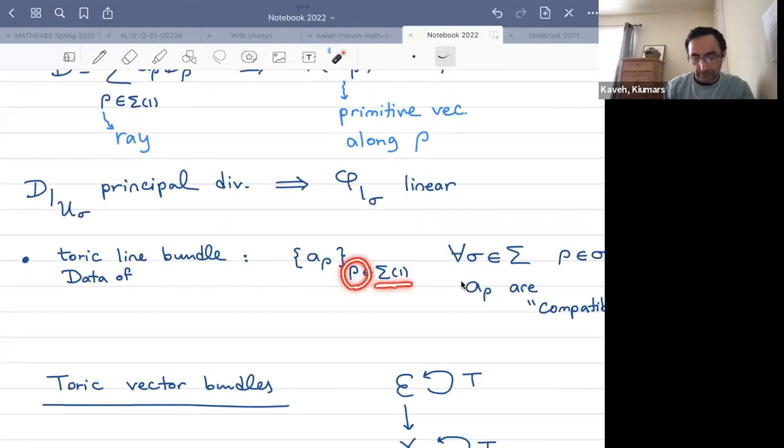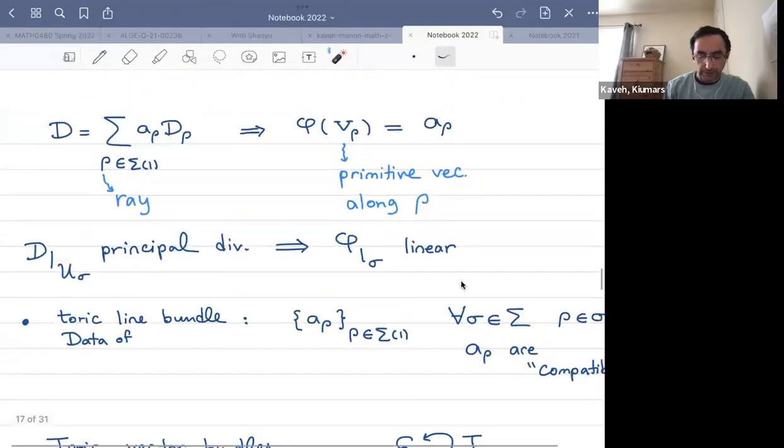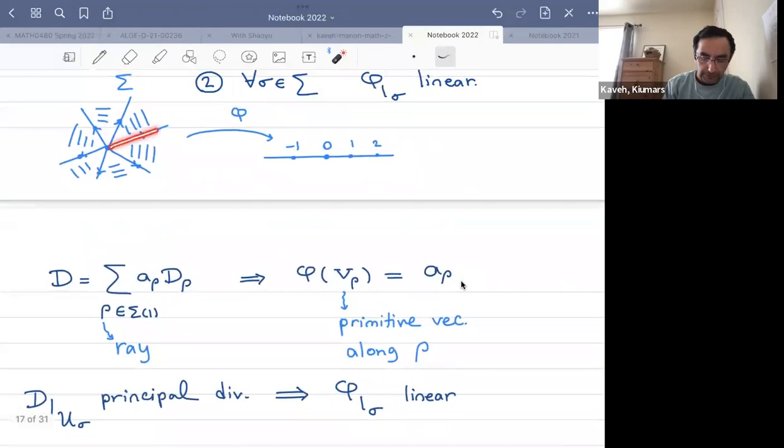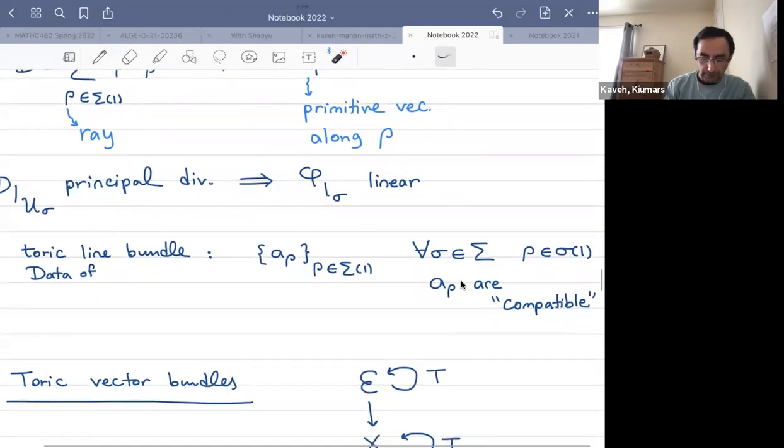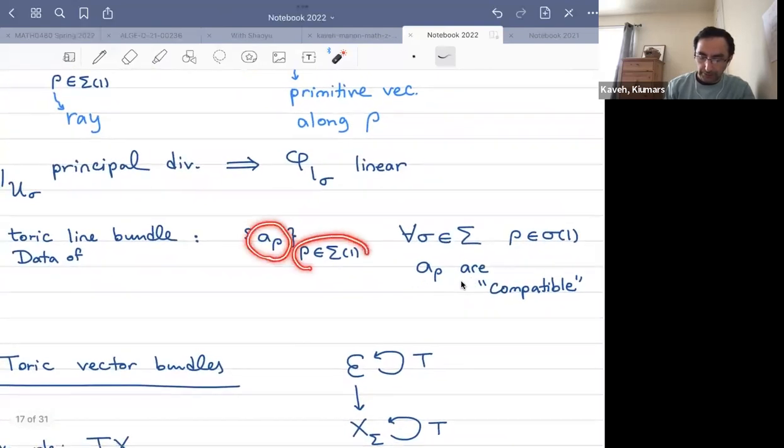For each ray in the fan, you have a number, which determines the linear function on this ray, which is its value on some fixed vector, say a primitive vector. And then if you have a cone, these numbers should come from one linear function restricted to this cone. So we say that the data of a toric line bundle is the numbers associated to each ray, such that for each sigma, the numbers corresponding to the rays in the cone are compatible.